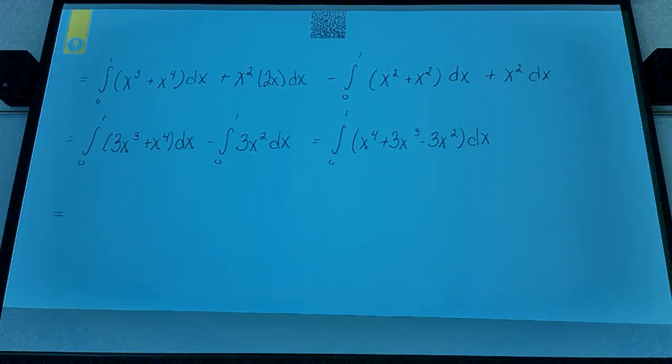Three x cubed, 3/4 x to the 4th, but that goes from 0 to 1. And then 3x squared is just x cubed. Four plus 15 is 19. Minus 20 is -1. There's the circulation, -1/20.